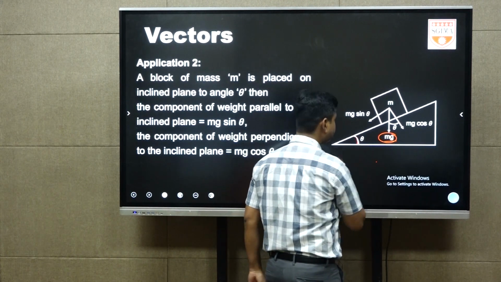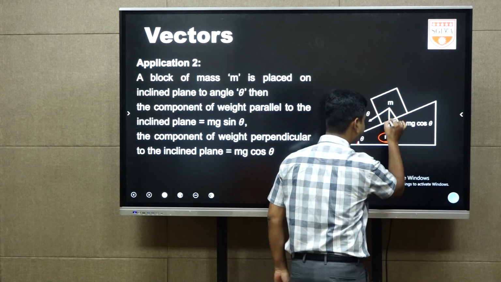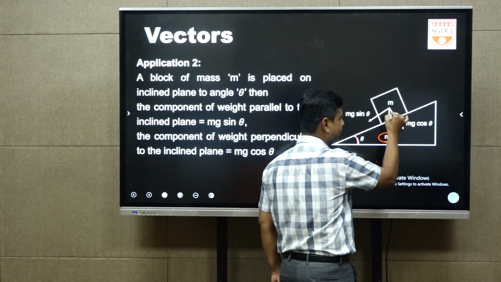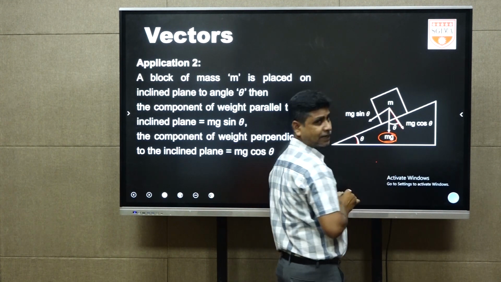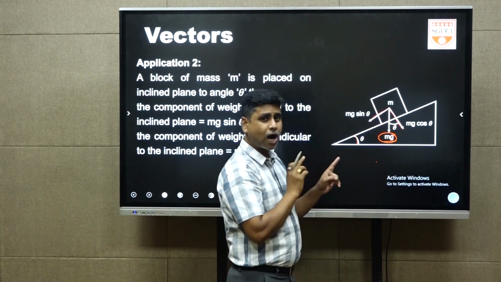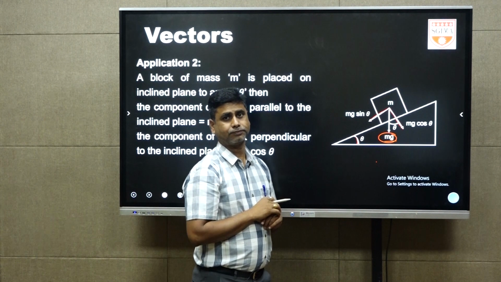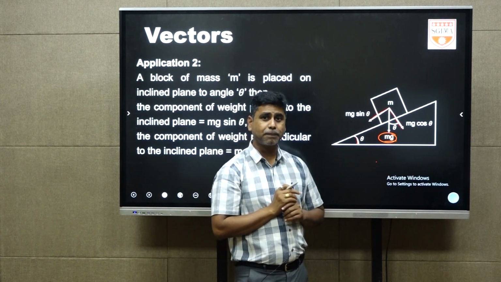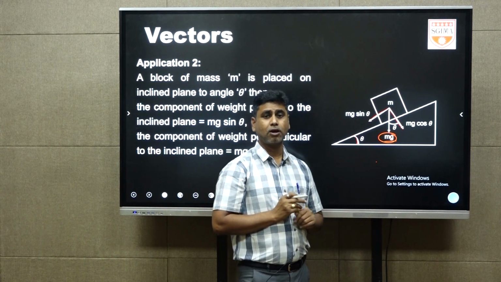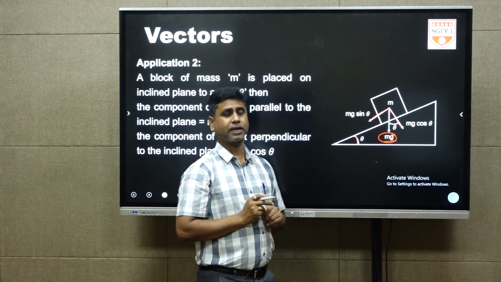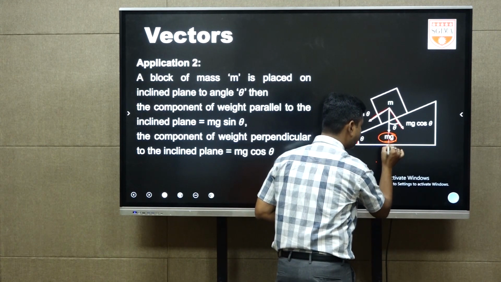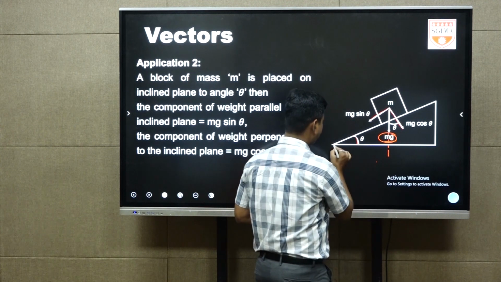Here the angle is theta, and mg acts vertically downwards. One line can be taken perpendicular to the incline, and one line parallel to the incline. These two give the rectangular components. These two lines are perpendicular to each other, but one line is perpendicular to the incline and the other is parallel to the incline. So here, with angle theta, this line mg is extended.